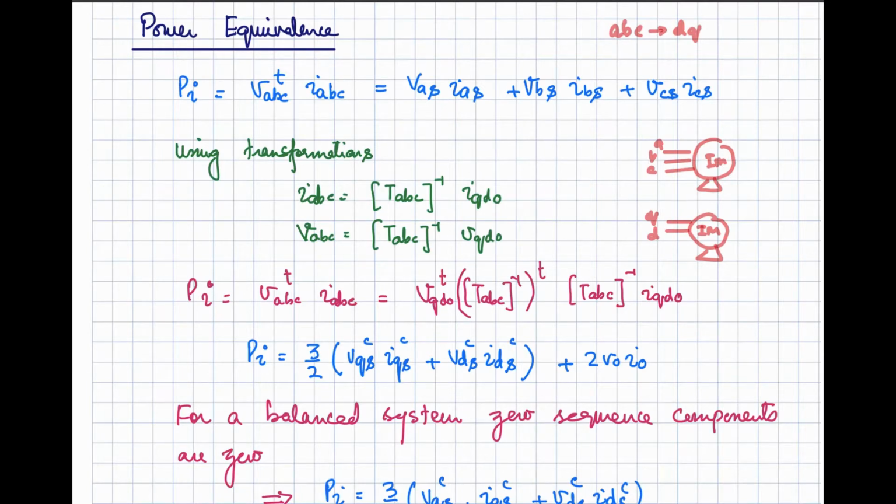So the power input to the three-phase motor has to be equal to the power input to the two-phase machine to have a meaningful interpretation in the modeling, analysis and simulation.